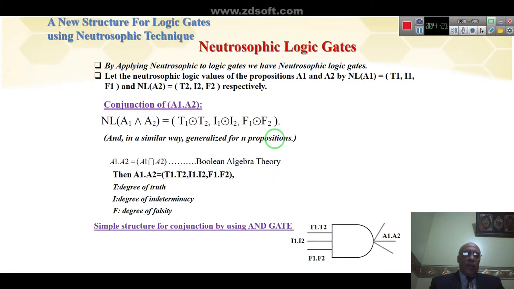Neutrosophic logic gates. A simple structure for using the AND gate, or a new structure for logic gates using the neutrosophic set.